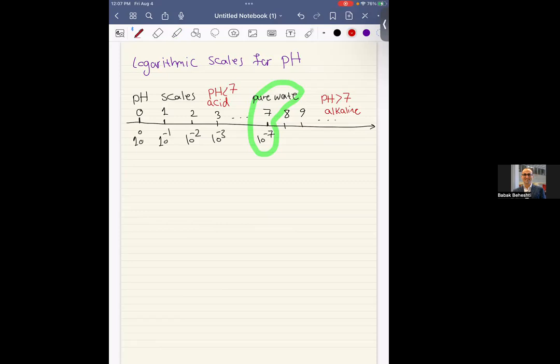Another example is the decibel, which we use for the intensity of sound. Let me write the formula.